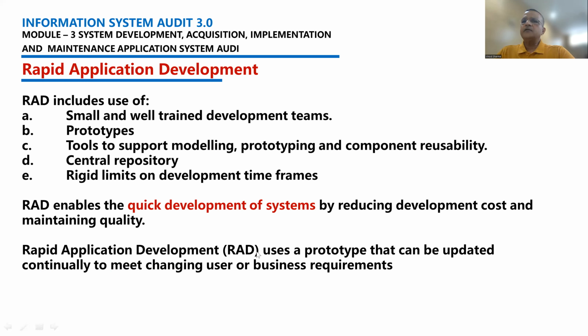Rapid application development uses prototypes that can be updated continually to meet changes in user requirements. Because there is a central repository where you keep the source code, if any changes are required, you can make them immediately.